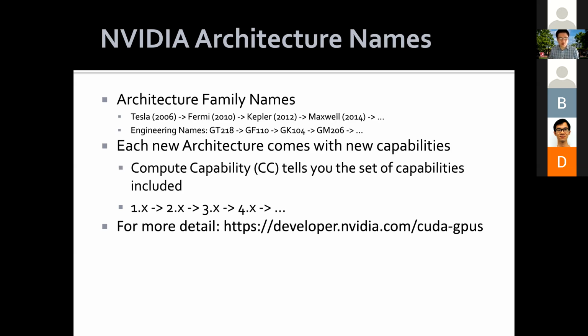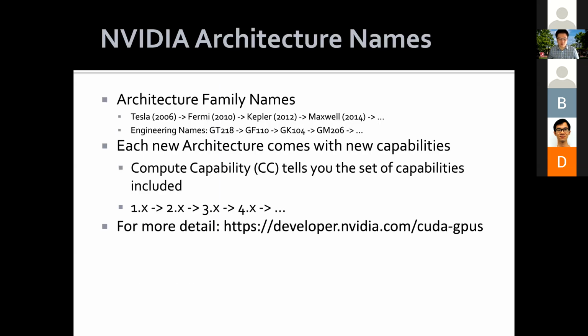If your GPU doesn't belong to that compute capability, then you cannot do synchronization across blocks. For compilation, you need to specifically tell the compiler the compute capability of your GPU, and then the compiler will introduce some features into your compiled code. So compute capability is a general idea of how powerful your GPU device is.